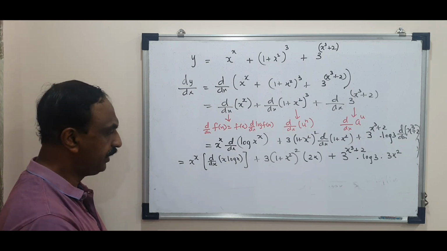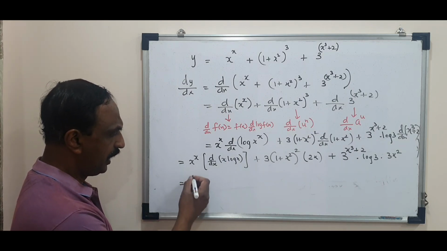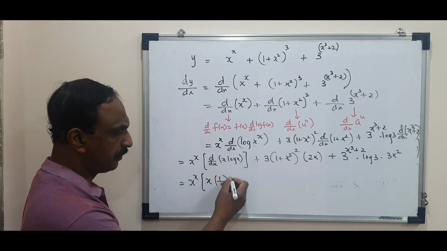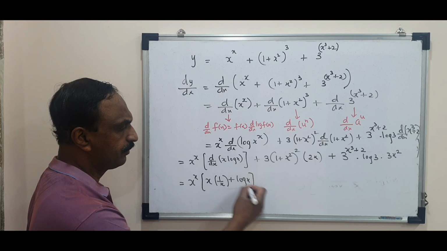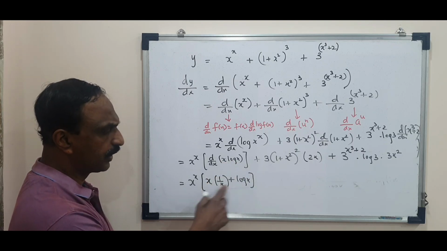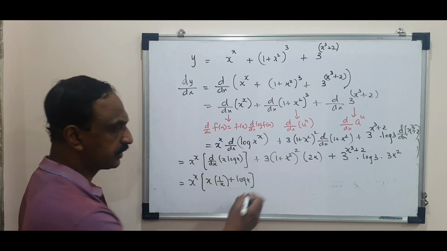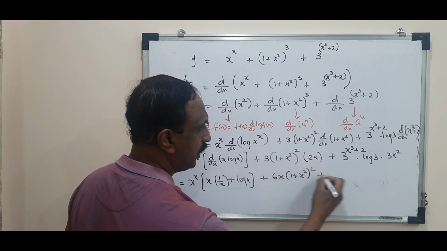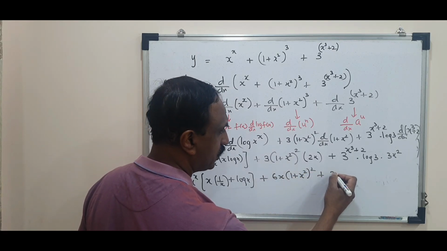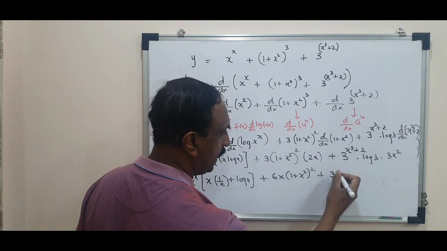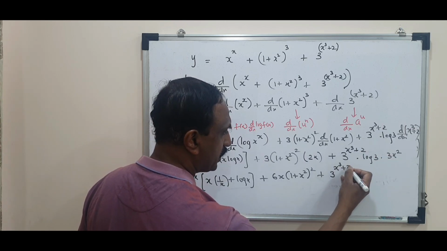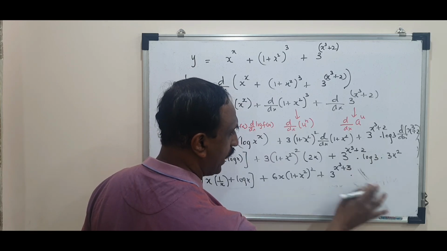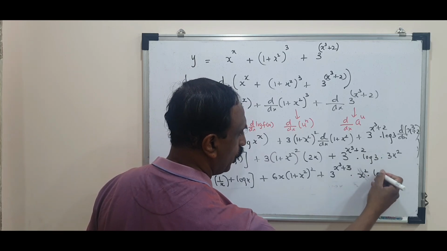So this answer would be x raised to x, product rule: x into 1 by x plus log x into derivative of x. UV rule: x into derivative of log x plus log x into derivative of x, plus 6x into 1 plus x square the whole square, plus 3 raised to... the powers can be added, x cube plus 3: this 3 and this 2 are added, into x square into log 3.